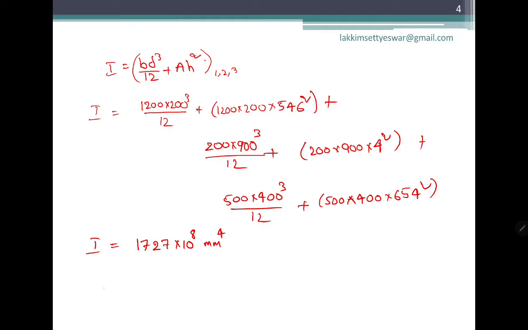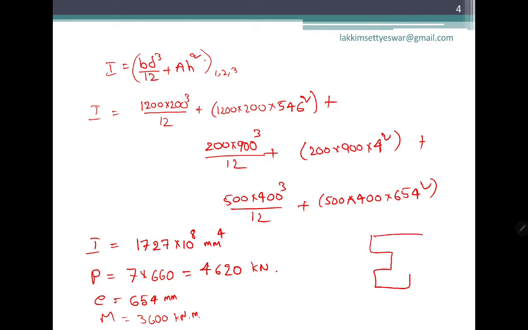Now we need to calculate the pre-stressing force P. Total 7 cables are there. In each cable 660 kilonewtons are carried. So 7 into 660 gives the total pre-stressing force of the tendon: 4620 kilonewton. The moment is 3600 kilonewton meter.